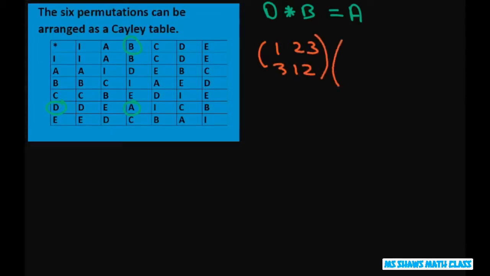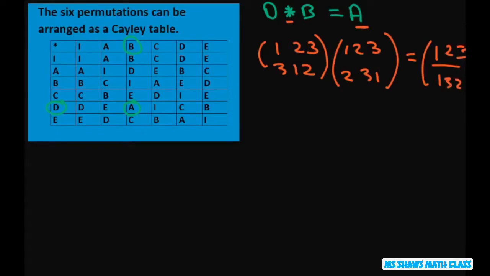And I'm not going to put the star, but B was 1, 2, 3, and then 2, 3, 1. And A equals 1, 2, 3, 1, 3, 2.